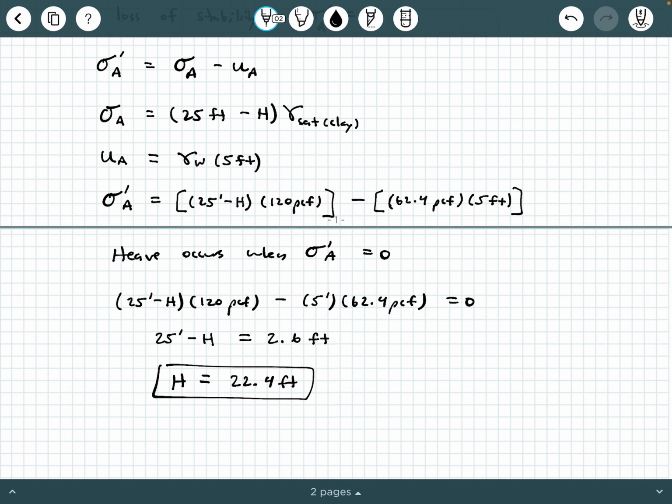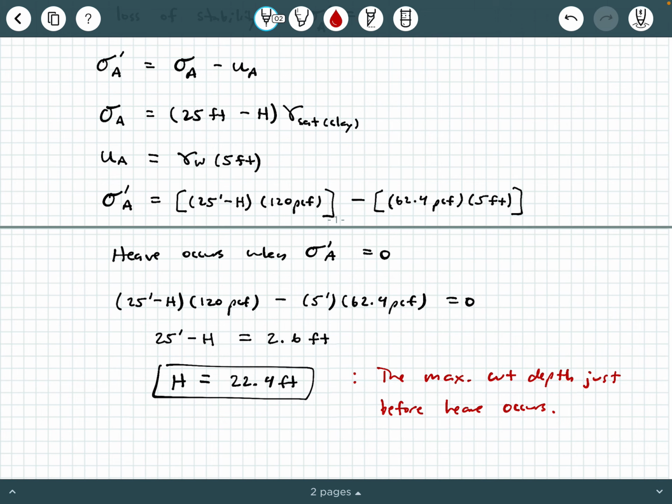So what this means is this is the maximum cut depth just before heave occurs. Okay, so I would not cut directly to 22.4 feet.